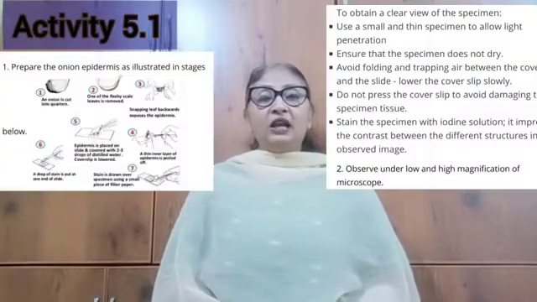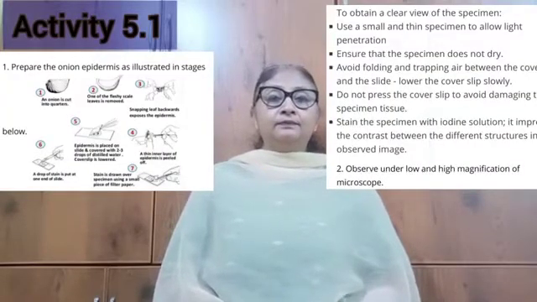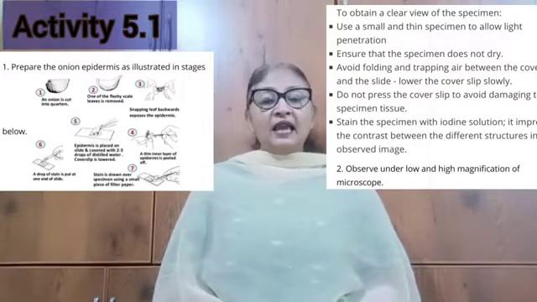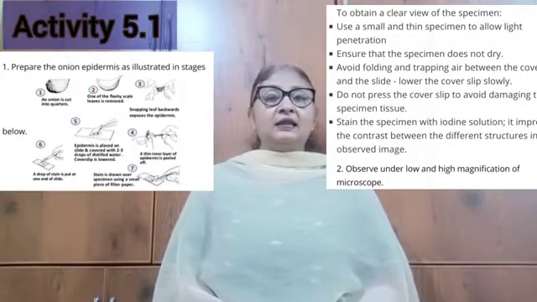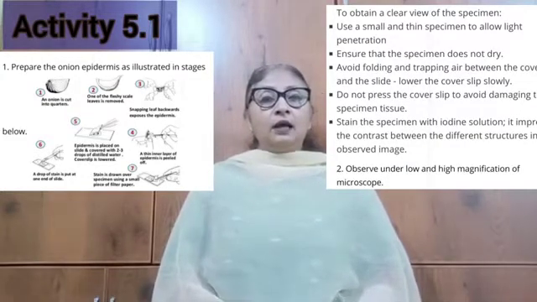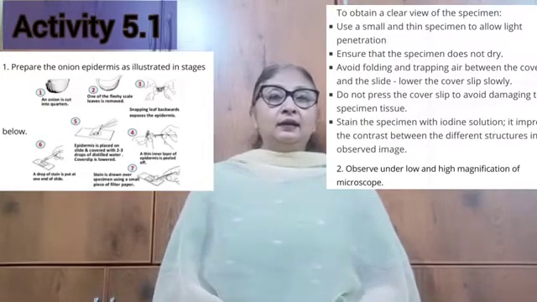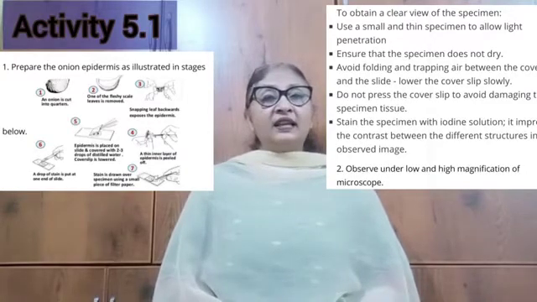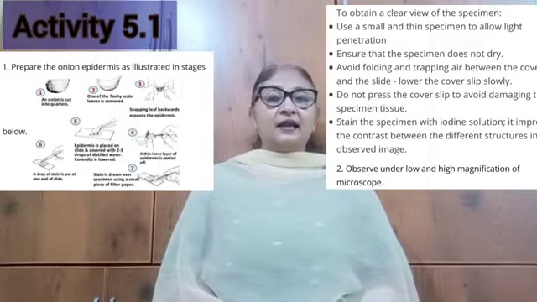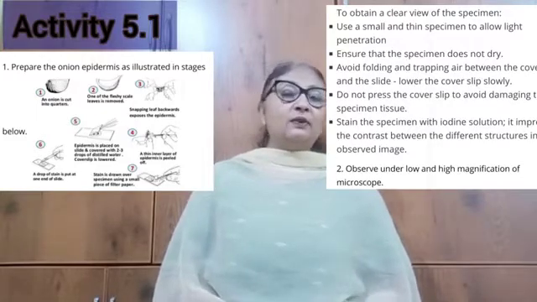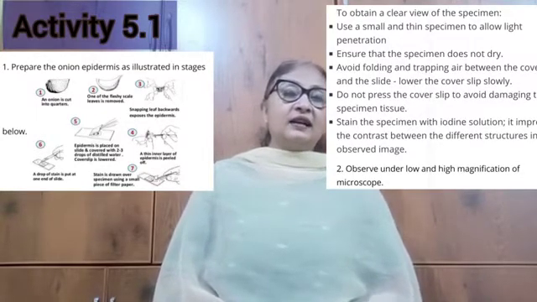Let us refer to activity 5.1. We need to take an onion bulb, cut it into half, and take one of the halves and separate the fleshy scale leaves. Then we need to take a thin membrane out of the concave side of one of the fleshy leaves and immediately transfer it to a petri dish containing water.